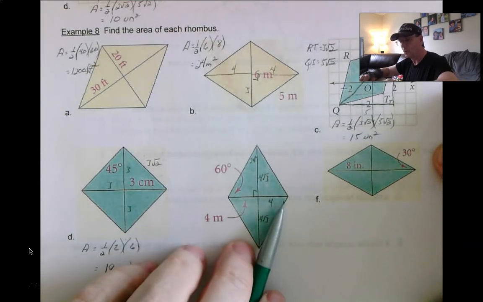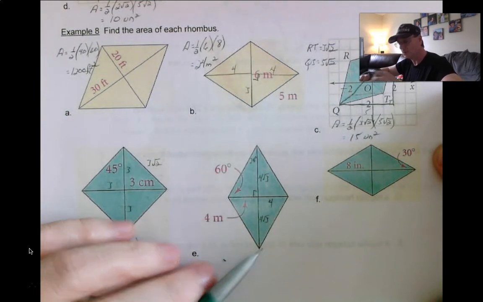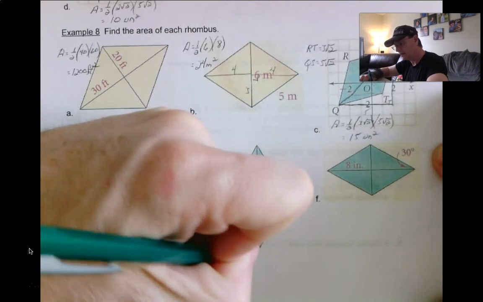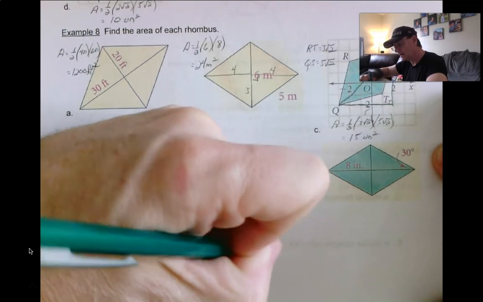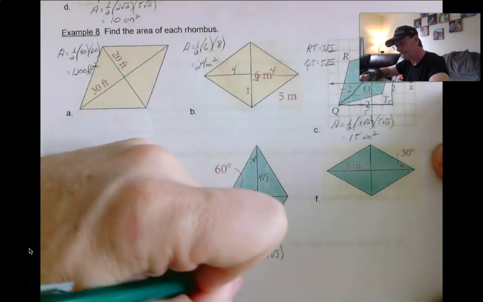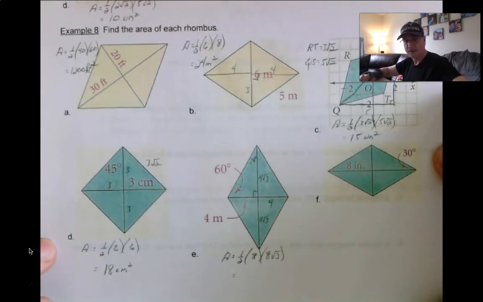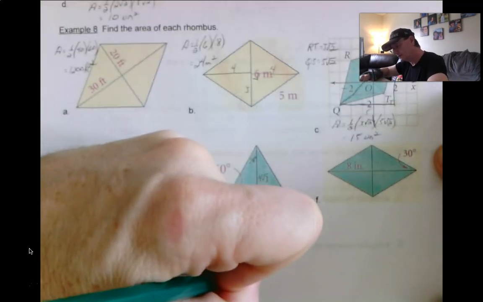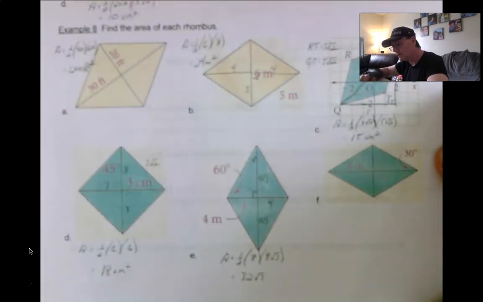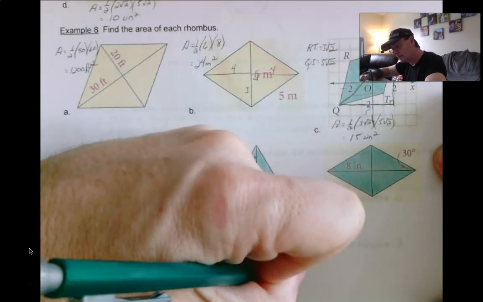So diagonal 1 is 8, diagonal 2 is 8 square root 3. Area equals 1/2. Diagonal 1 is 8, diagonal 2 is 8 square root 3. Half of 8 is 4. 4 times 8 is 32 square root 3 meters squared this time.